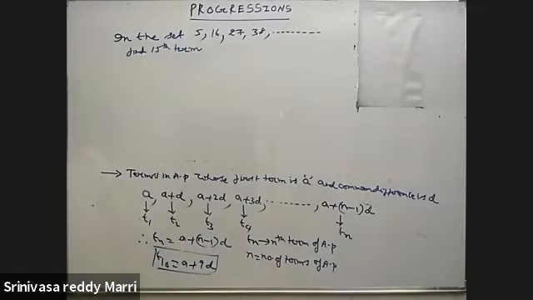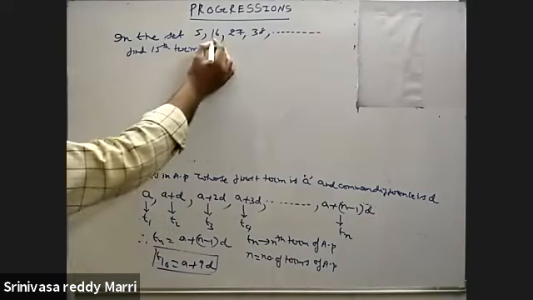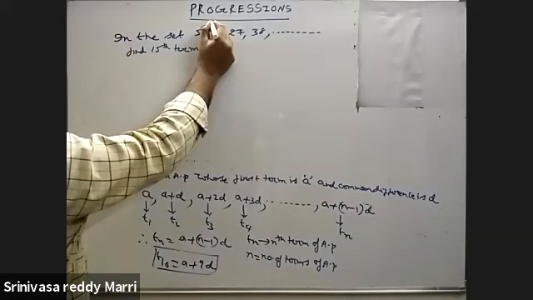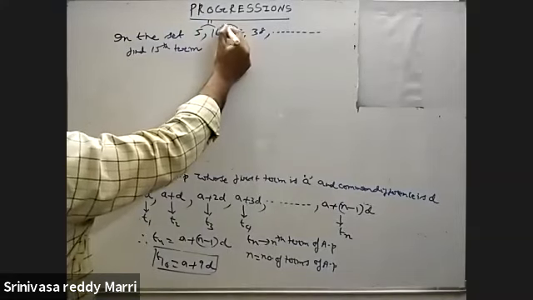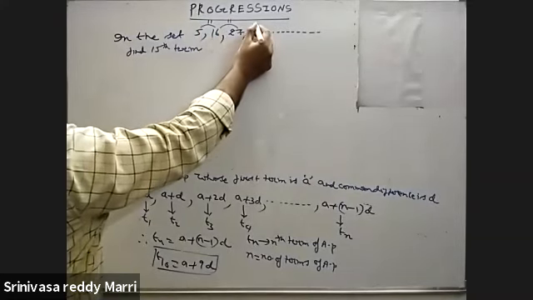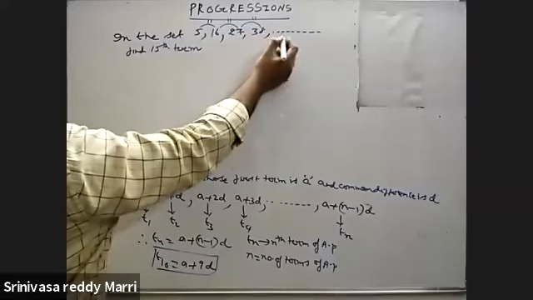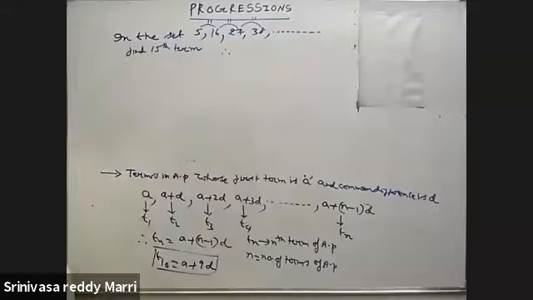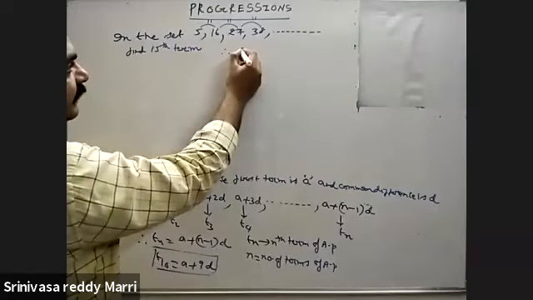Suppose like this. Find the 15th term. So first we have to observe whether this is an AP or not. 16 minus 5 is what? 11. 27 minus 11 is what? 11. 38 minus 27 is what? 11. Therefore, the common differences are the same. It is forming an AP.